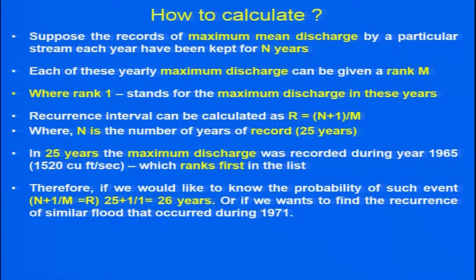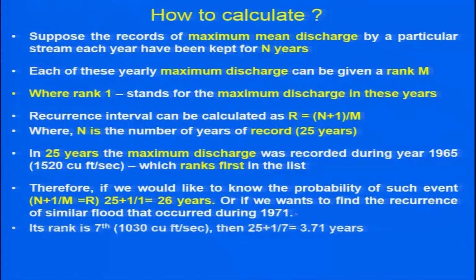Or if you want to find the recurrence interval of the flood that occurred during 1971, it was ranked 7th and the peak discharge was 1030, so the recurrence interval is around 3.7 years, or around 4 years.